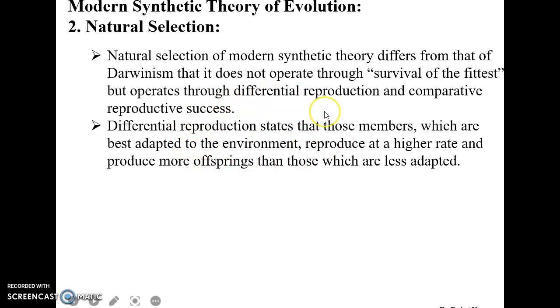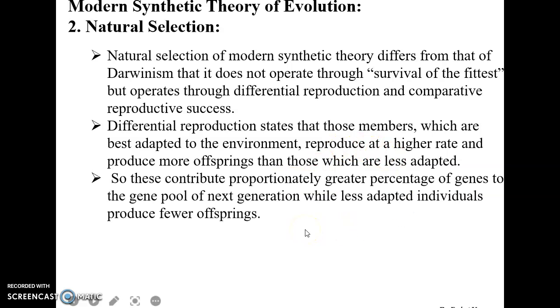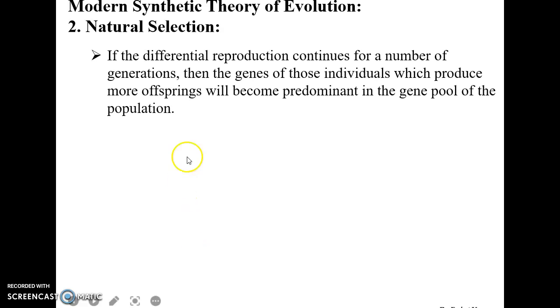Differential reproduction states that those members which are best adapted to the environment reproduce at a higher rate and produce more offspring than those which are less adapted. So these contribute a proportionately greater percentage of genes to the gene pool of the next generation, while less adapted individuals produce fewer offspring.